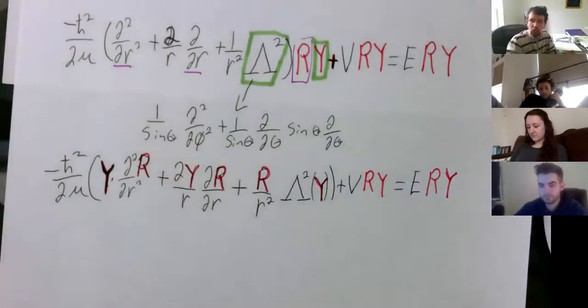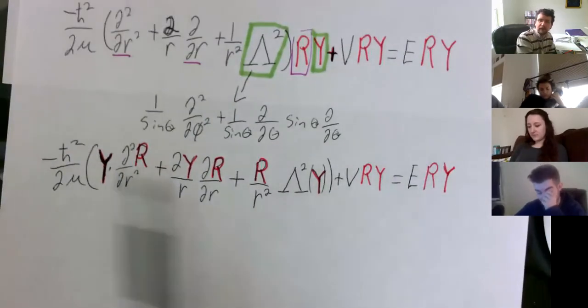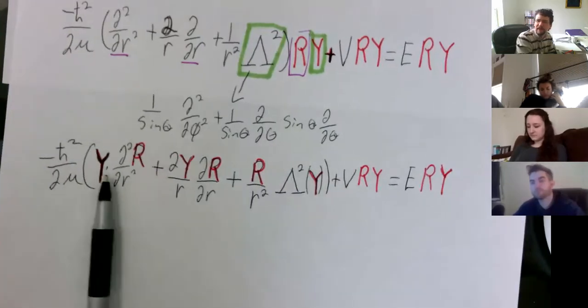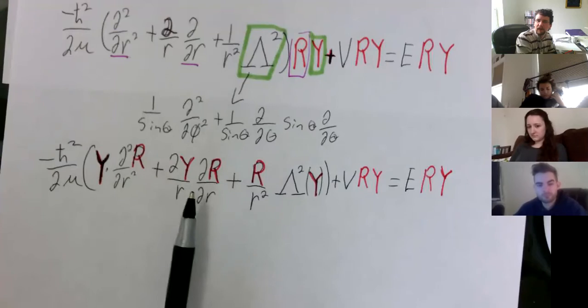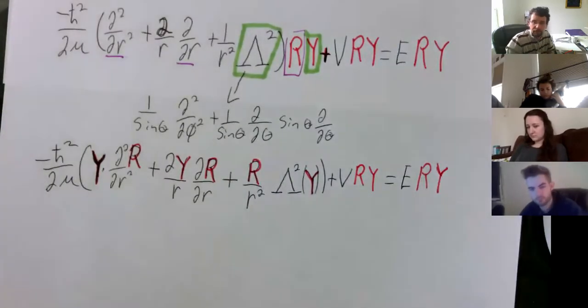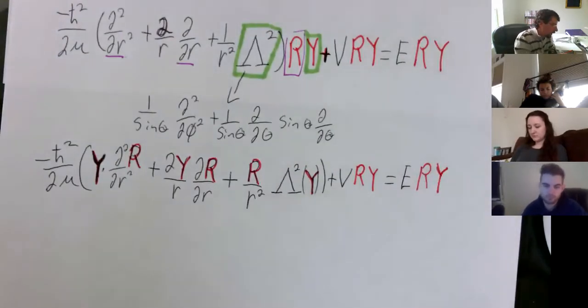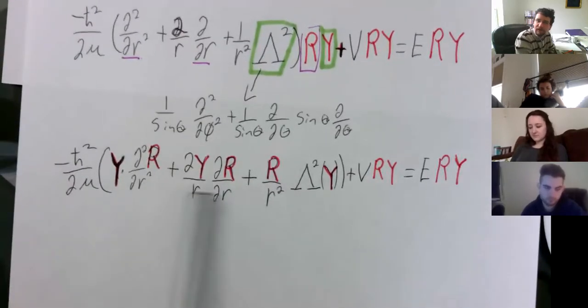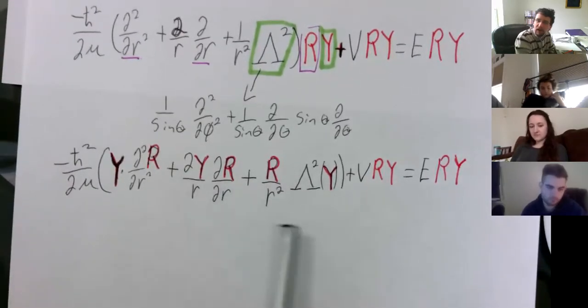Okay, but now we want to try to separate these variables out, right? So if you look, y is in this first expression still, it's in this second expression, and r is in this third expression. What would you multiply by to isolate this term to be just dependent on r, and this one to be just dependent on y?